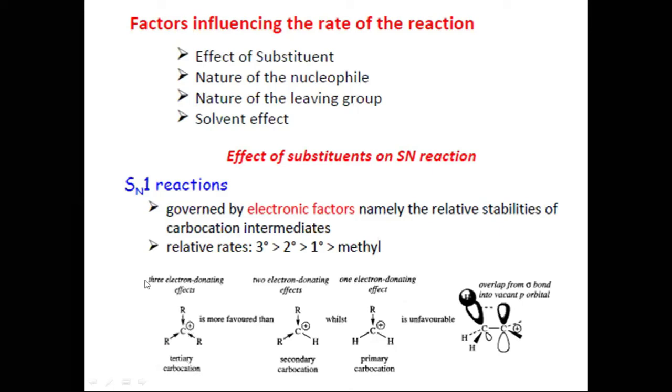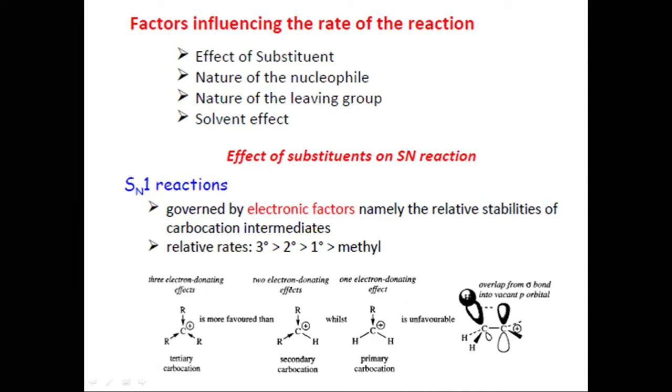The electron donating effect of these 3 R groups will stabilize the formed carbocation, and this is more favored for the SN1 reaction. Substrates forming a tertiary carbocation as an intermediate are more preferred for the SN1 reaction.